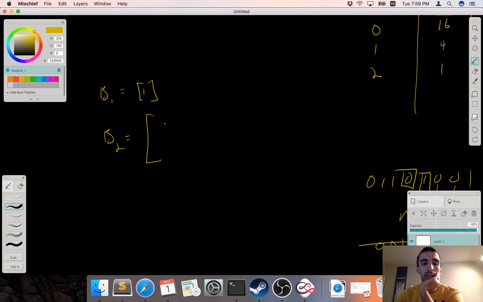By his formula, we're going to have 4 times B1 plus 0, and then 4 times B1 plus 1, and then 4 times B1 plus 2, and then 4 times B1 plus 3. So I take this matrix and dump it in here as a submatrix of the larger matrix. So replacing that, of course, this is just 1.